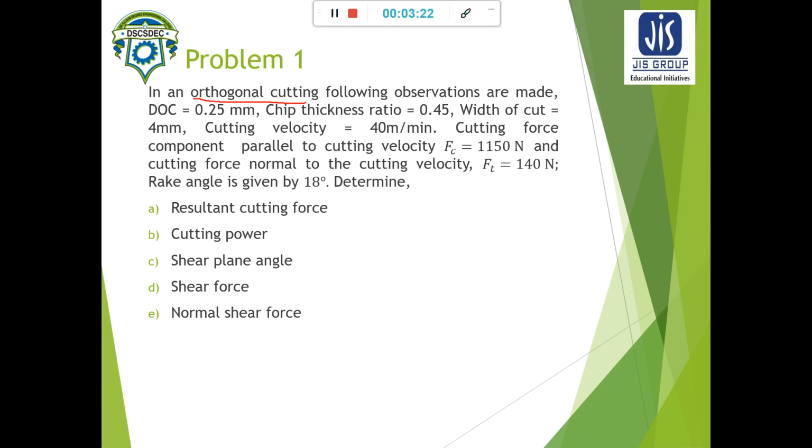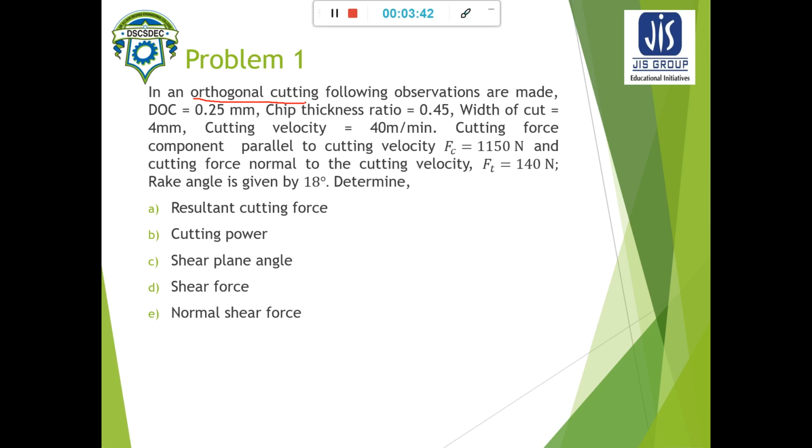When and only when the cutting is orthogonal, then only we can use the Merchant circle diagram or Merchant equations from the Merchant circle diagram. So orthogonal cutting is an important point.